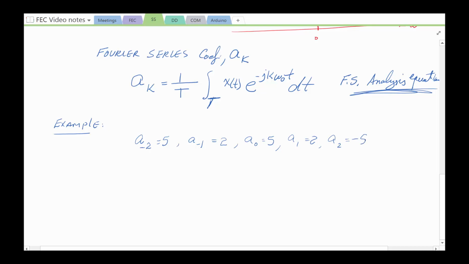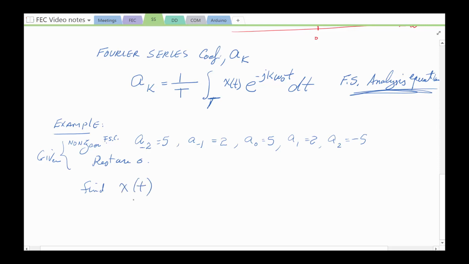That's good enough. They say these are the non-zero Fourier series coefficients, and the rest are 0, so we don't have to worry about the rest. And they're asking us to find x of t.